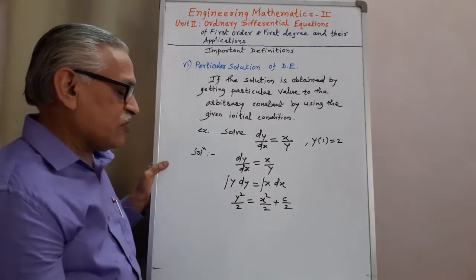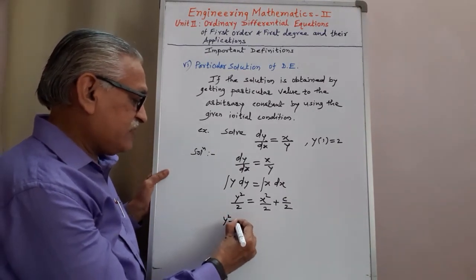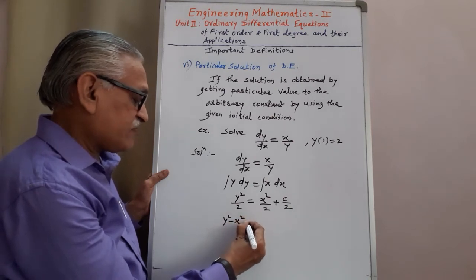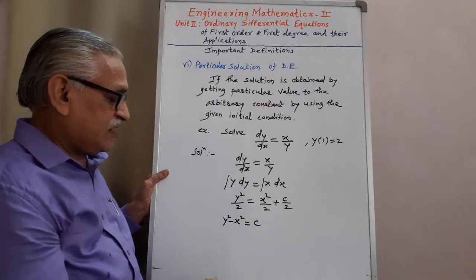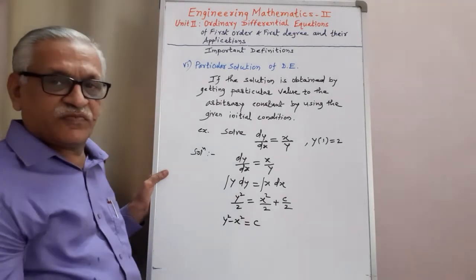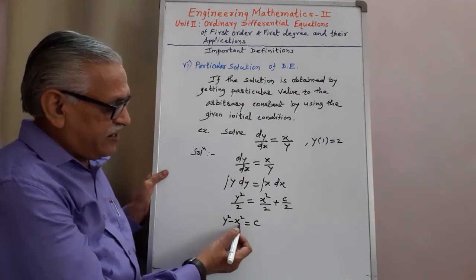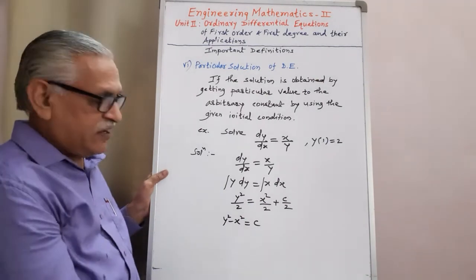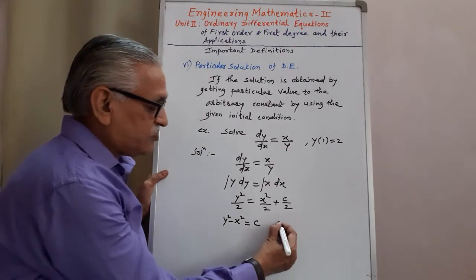Cancelling that 2 throughout, that is y square minus x square is equal to c. This is the required solution. It is the relation between dependent variable y and independent variable x with some arbitrary constant c. Therefore, this is the required solution.